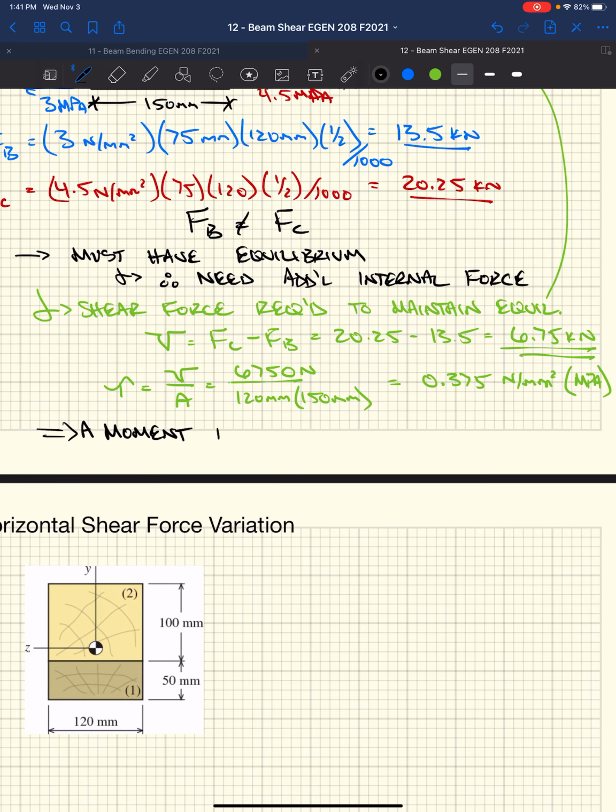Big takeaway here, right, is a moment that changes with x creates a shear force in the member.